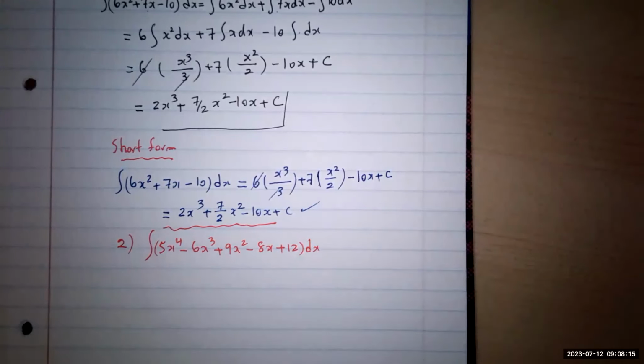I'll give you a couple of minutes to see if you can do it yourself, or just get the final answer using the short form. There's no radical, no quotient. You just integrate and go on.